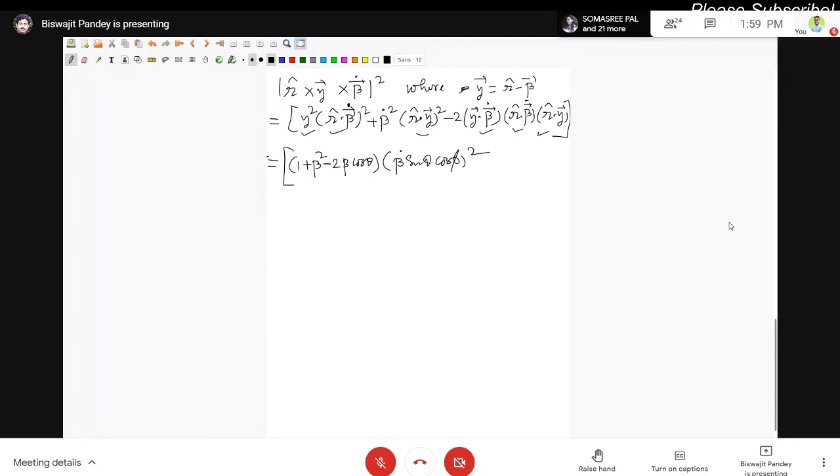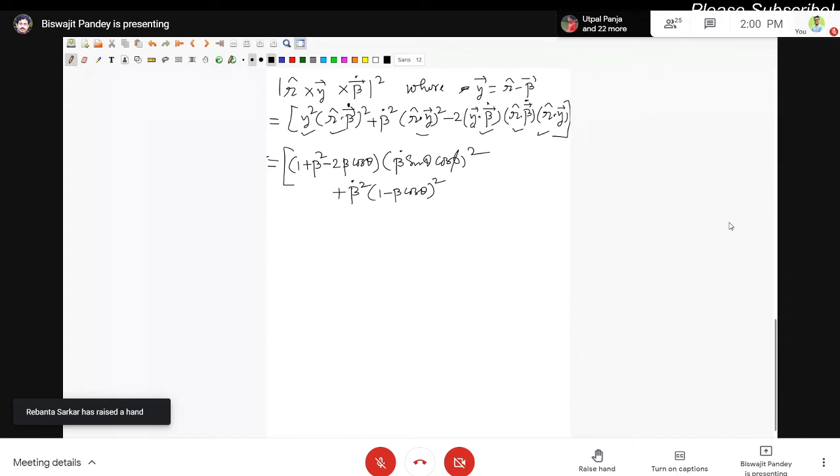Second term is this one, plus beta dot square r cap dot y square. I think r cap dot y is 1 minus beta cos theta, right? So beta dot square into 1 minus beta cos theta whole square.